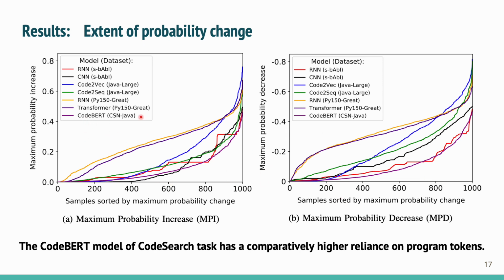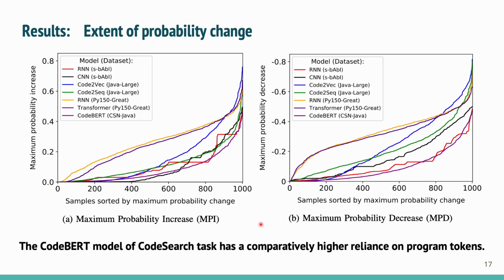And the CodeBERT model using the code search dataset has the minimum maximum probability increase and the minimum maximum probability decrease compared to the other models in most of the samples. On the other hand, the models of method name prediction and vulnerability detection appear in the middle in both the maximum probability increase and maximum probability decrease experiments.